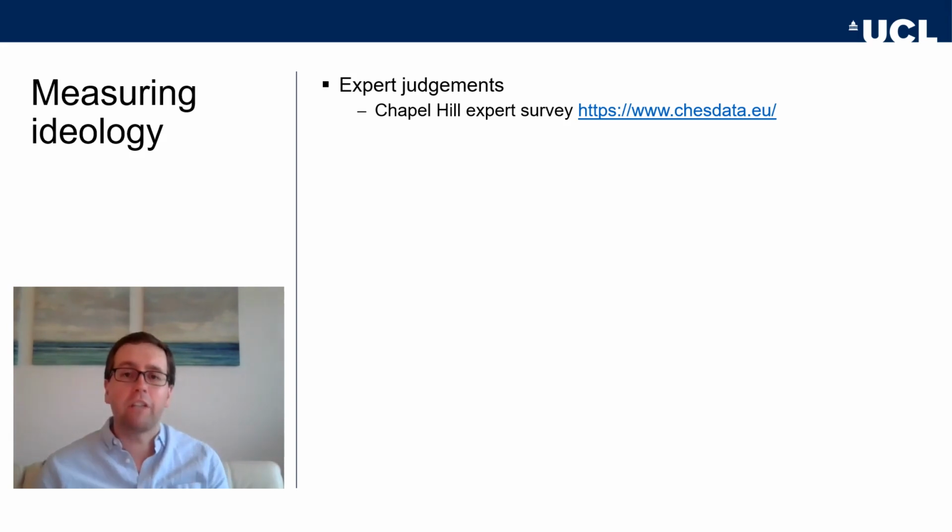You know something about the country, so you can place parties in an ideological space because you have been reading the news and you're familiar with the country context. And this is essentially what the Chapel Hill Expert Survey does. It asks country expert political scientists to place parties on an ideological continuum, and this works really well.